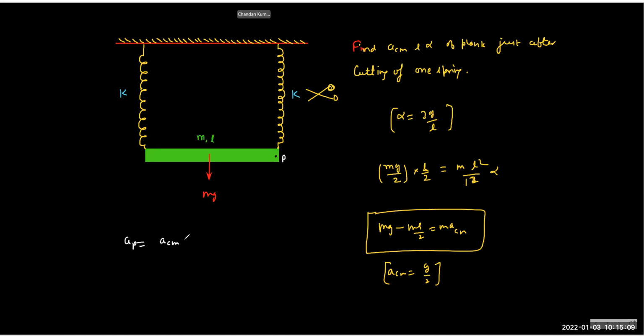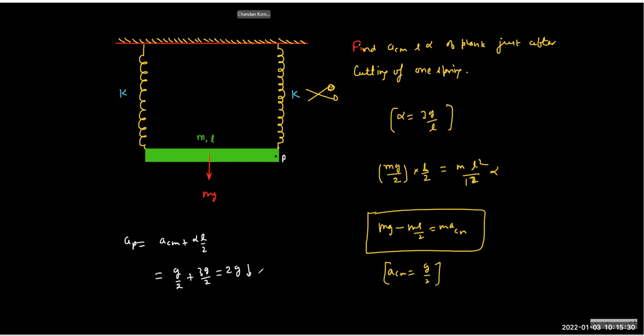Correct. ACM plus alpha L by 2. So g by 2 plus alpha L by 2. Alpha L by 2 is 3g by 2, which is 2g. The point P will accelerate downward with 2g.